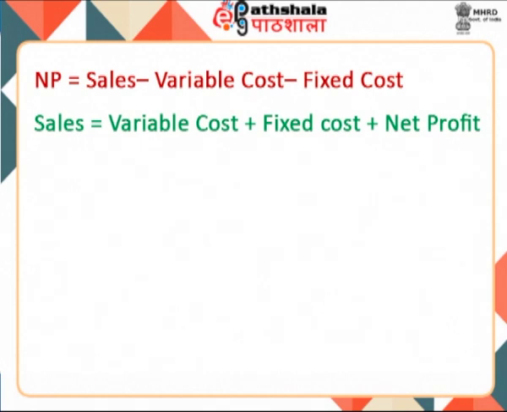We also know that sales is equal to number of units sold multiplied by selling price. Thus, we can represent the equation as N multiplied by SP, that is selling price, is equal to N multiplied by variable cost per unit plus fixed cost F plus net profit NP.